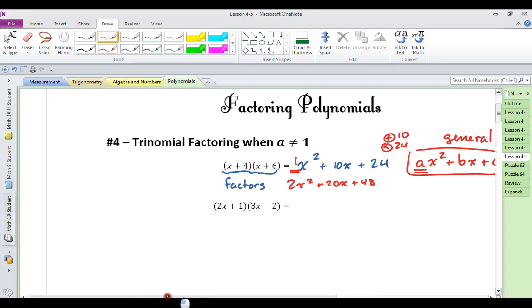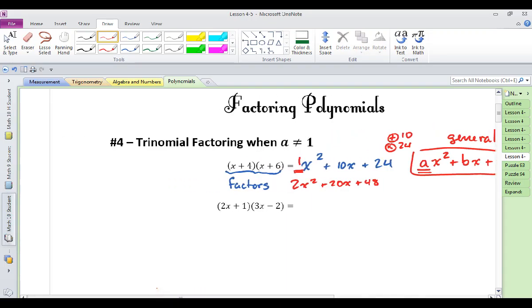So, guys, before we go any further, if I asked you to factor that right now, it looks like you can't do it, right? Because it's got a leading coefficient.